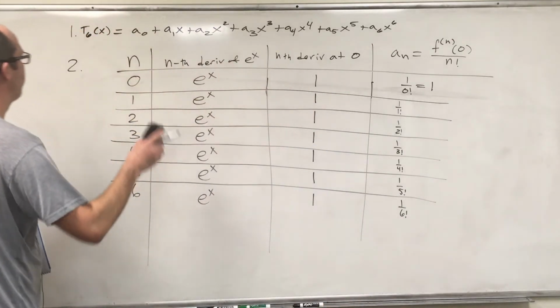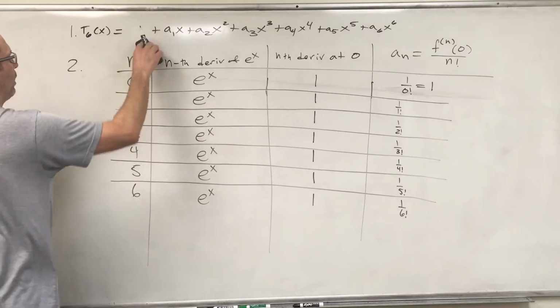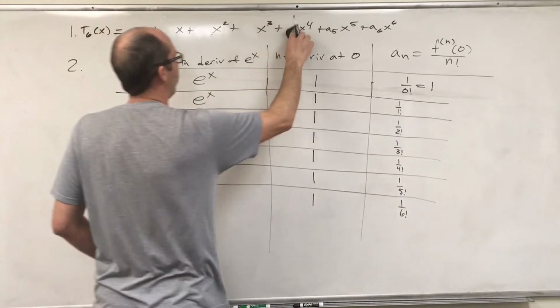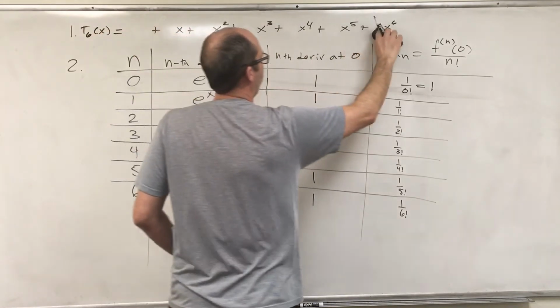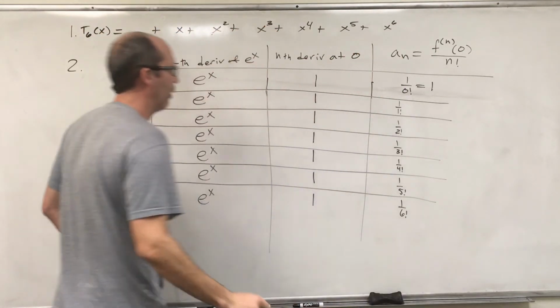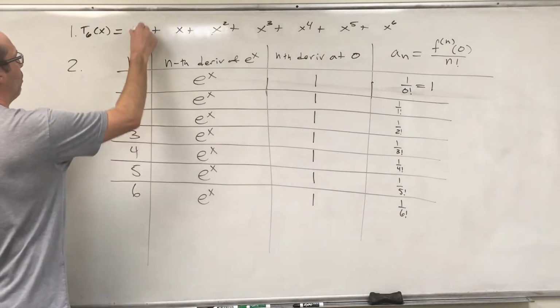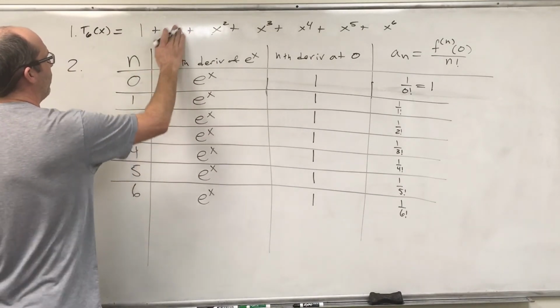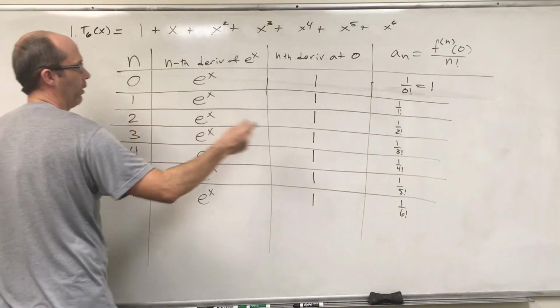Okay, so this tells me my 6th degree Taylor polynomial for e to the x centered at 0 is 1 plus x, because this is just 1.